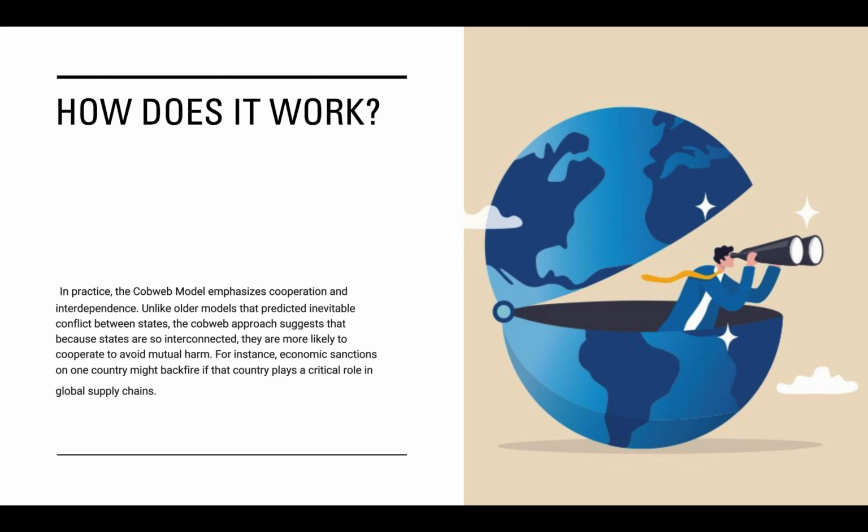For instance, economic sanctions on one country might backfire if that country plays a critical role in global supply chains. Take the example of the global pandemic. Countries had to coordinate their health responses and economic policies even if they didn't always see eye to eye politically. The Cobweb model shows how interconnected we have become in handling global challenges.